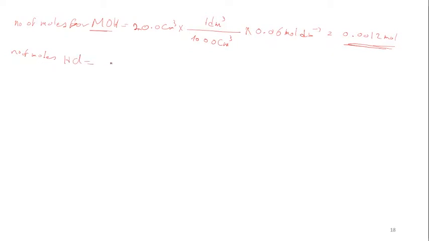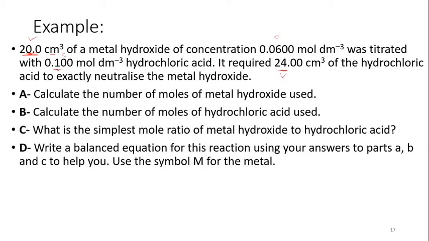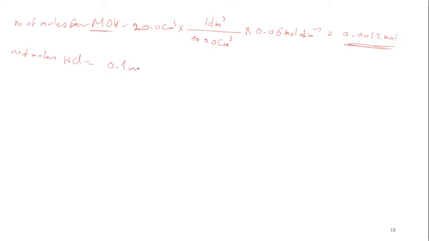I know I have this concentration, 0.1, and I have this volume, so I multiply it by the volume, which is 24, and I will multiply also by the conversion factor: 1 cubic decimeter is equivalent to 1000 cubic centimeter, and this will be equal to 0.0024 moles.